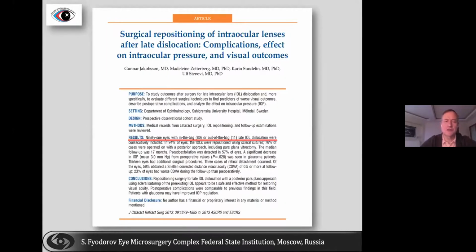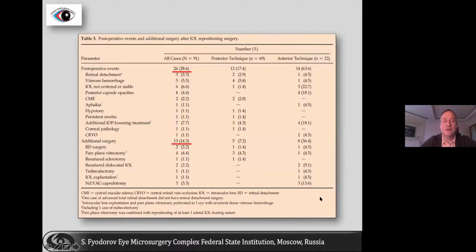So there are several studies shown here, with quite a substantial number of patients, 91, and surgical repositioning in the capsular bag. We have to be prepared for quite a number of intraoperative and postoperative complications. You see that postoperative complications were 28.6%.